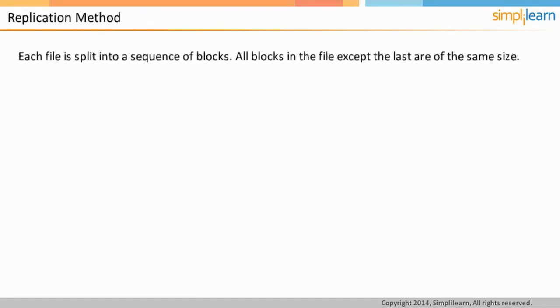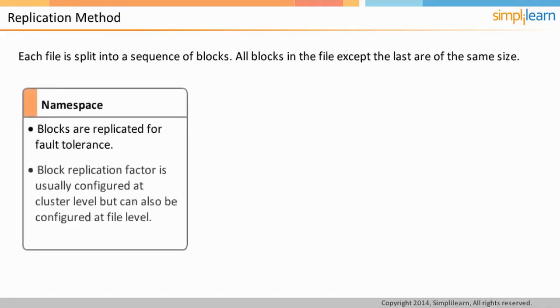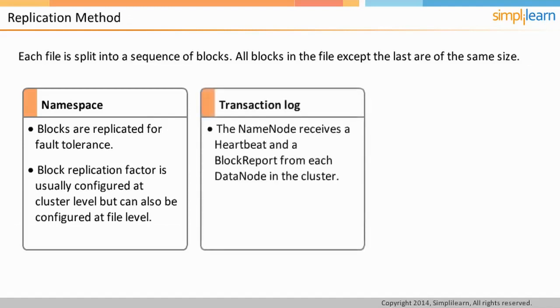Each file is split into a sequence of blocks. All blocks in the file except the last are of the same size. Blocks are replicated for fault tolerance. Block replication factor is usually configured at the cluster level, but can also be configured at the file level. The name node receives a heartbeat and a block report from each data node in the cluster.